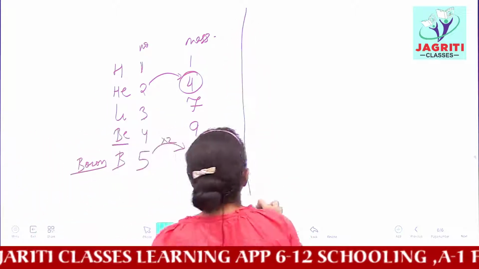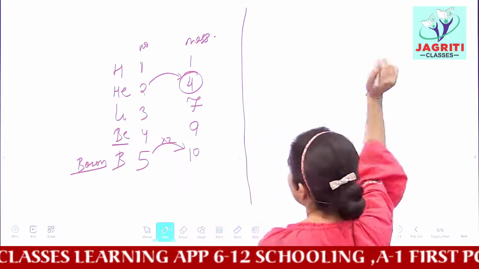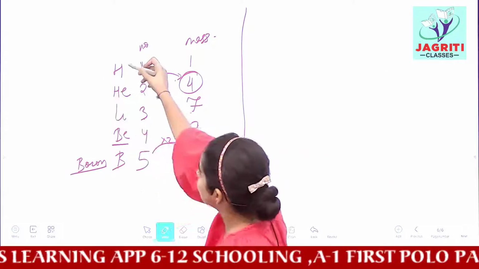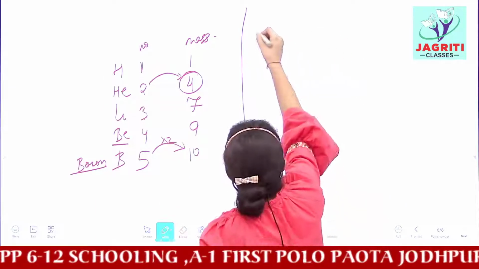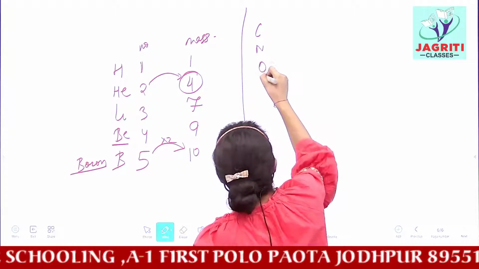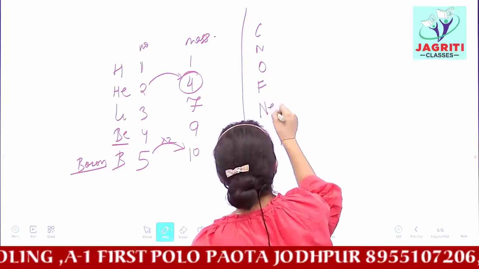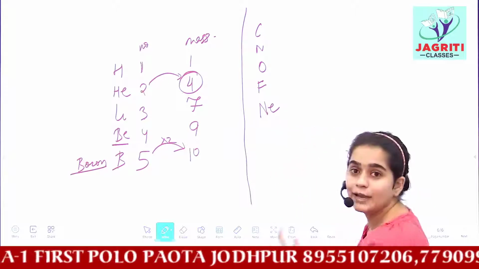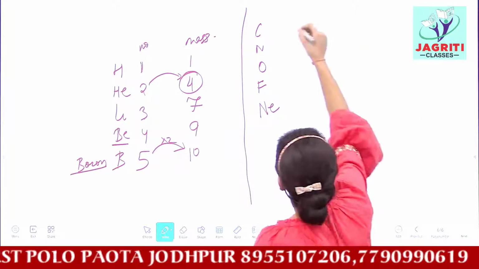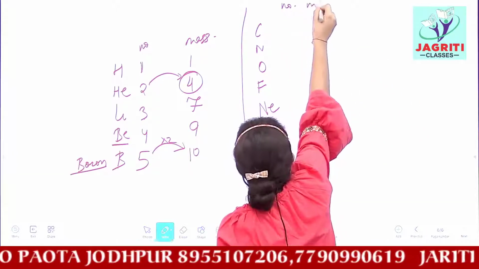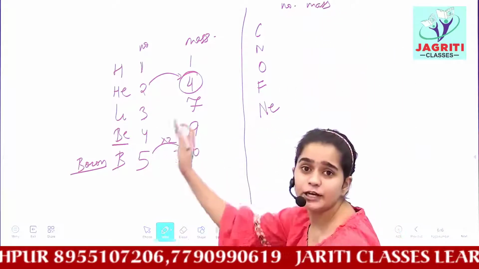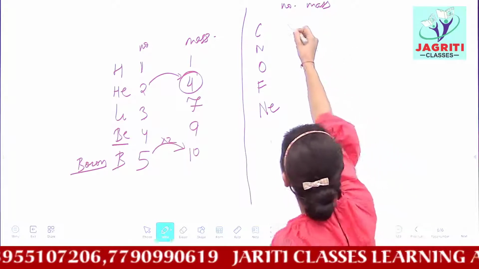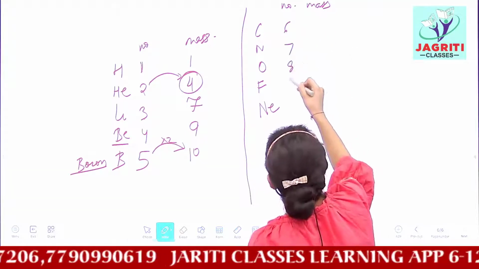Then, coming to the next, I am making the table. I am not writing their full names. Then comes carbon, nitrogen, oxygen, fluorine and neon. I am writing the atomic number and then the atomic mass. After 5, the atomic numbers will be in sequence, that is 6, 7, 8, 9 and 10.